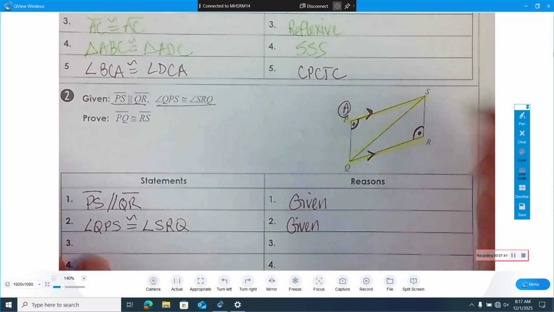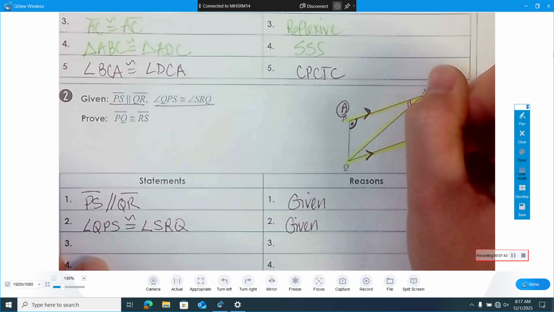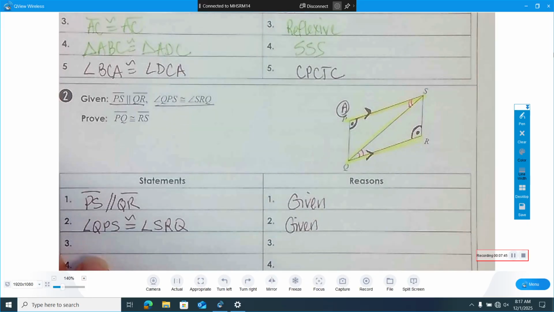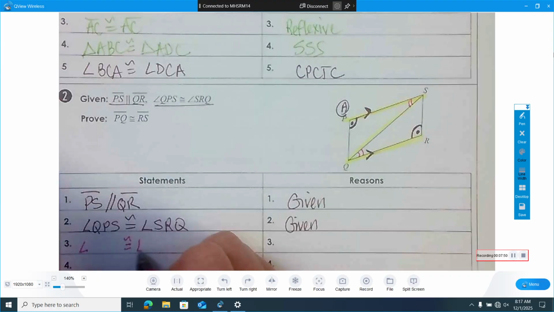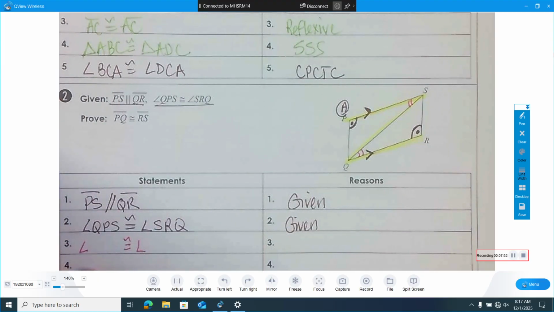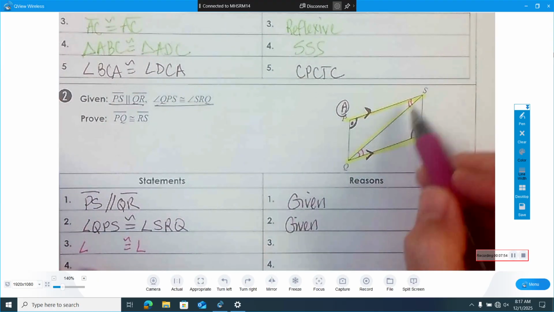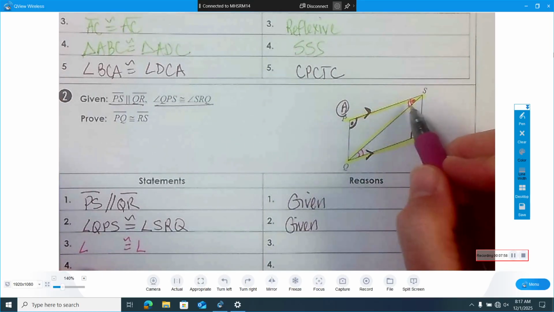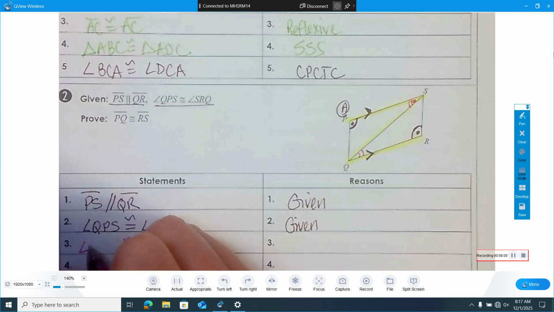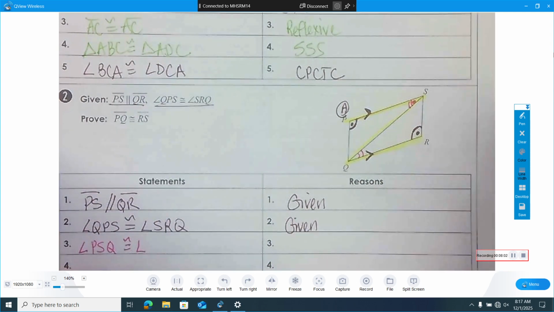Alternate interior angles. Yeah, which would be these little angles right there. So how do you name that angle? PSQ. S is the vertex of the angle, so S must be in the middle. So angle PSQ would be a great way to name that angle.